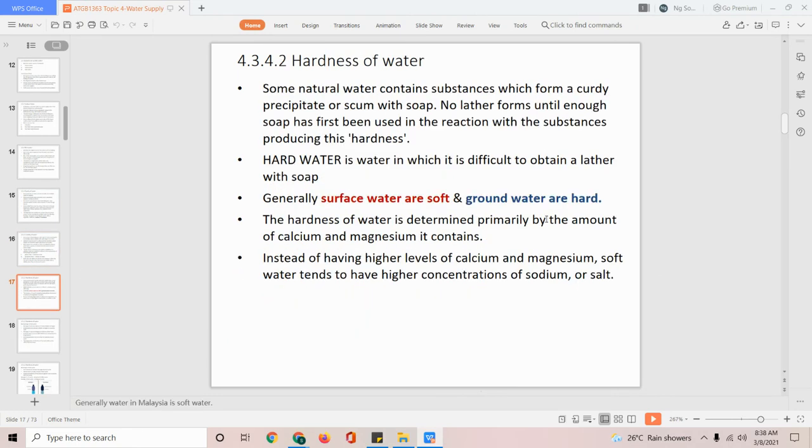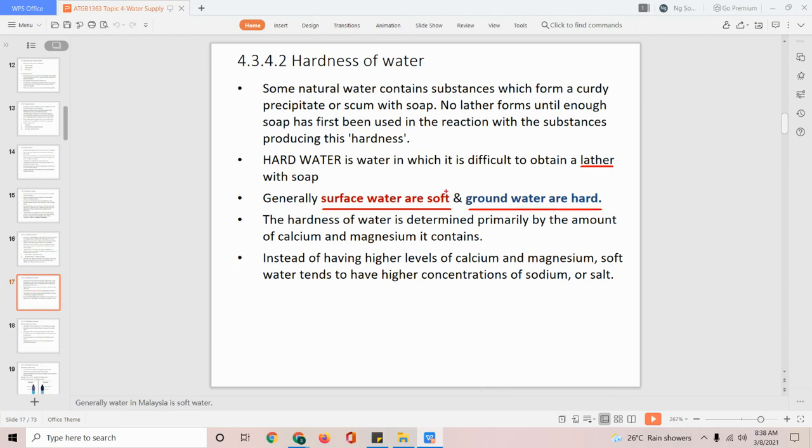So water can either be hard or soft. So hard water is water which is difficult to obtain a lather, meaning it will be hard to get the soapy texture with the soap. So generally, surface water is soft, ground water is hard.